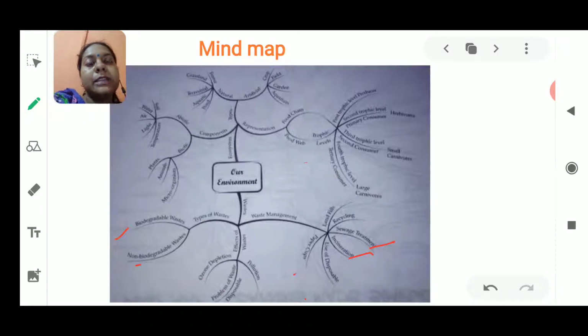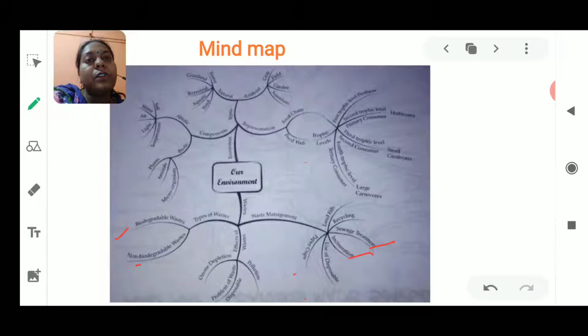All these are the ways by which waste is generated and how we are going to manage it. If we do not manage this, it is definitely going to destroy our environment. So we'll go into these topics in detail in this chapter.